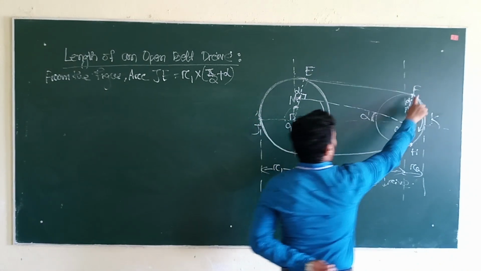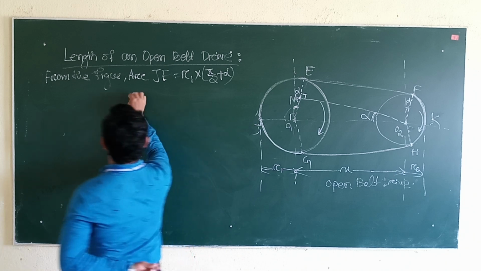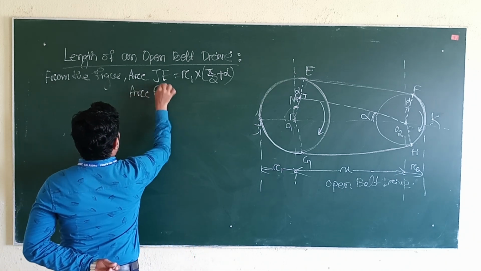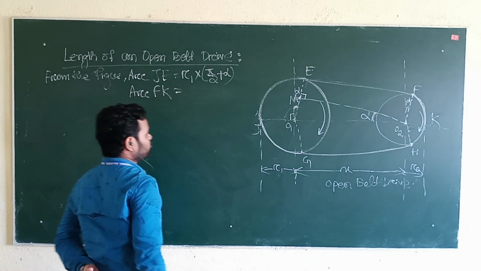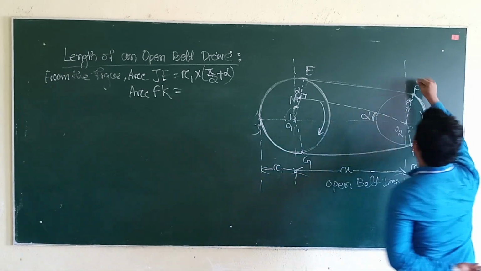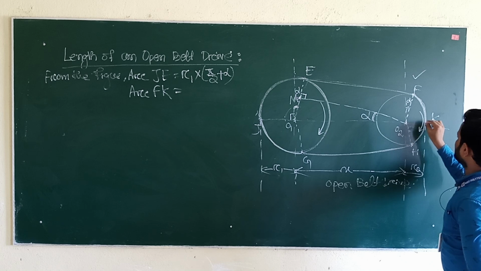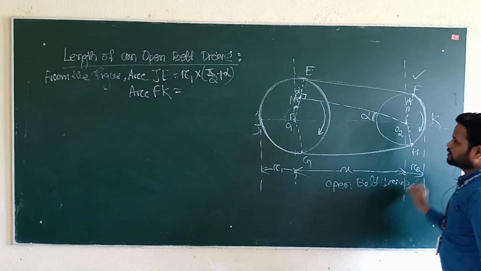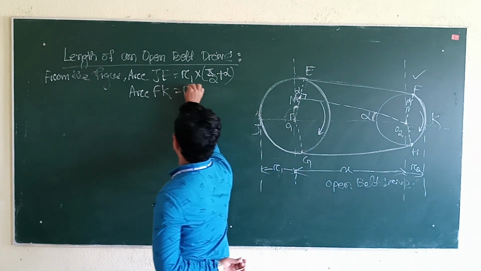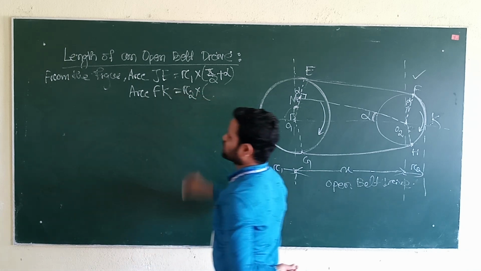Similarly, we will find out arc FK. Here we will see in the figure the driven or follower pulley. The radius of the follower pulley is what? R2. So R2 into multiplication of the angle.